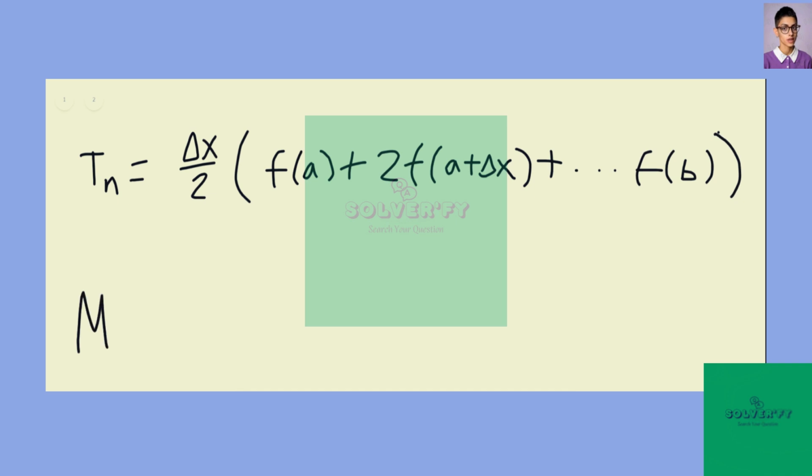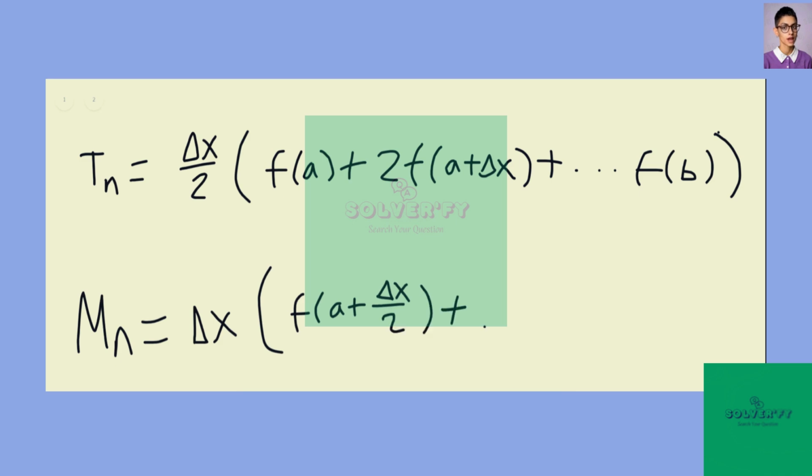And then a midpoint sum is just delta x times f of a plus delta x over 2 plus f of a plus 3 delta x over 2 plus all the way up until you have n of them.